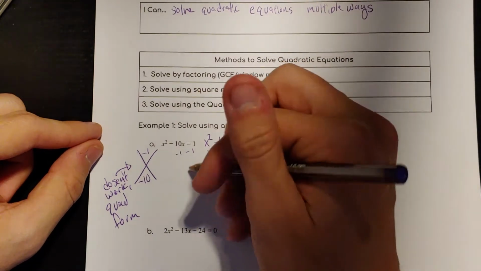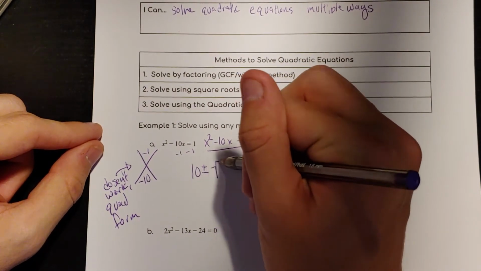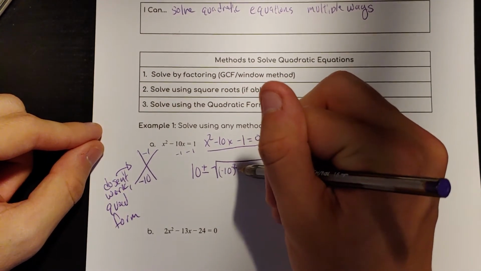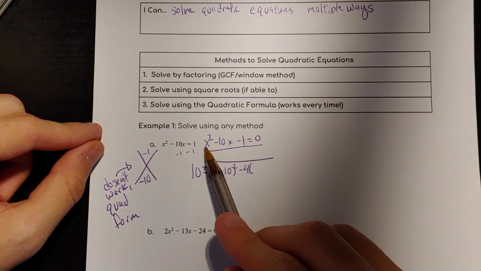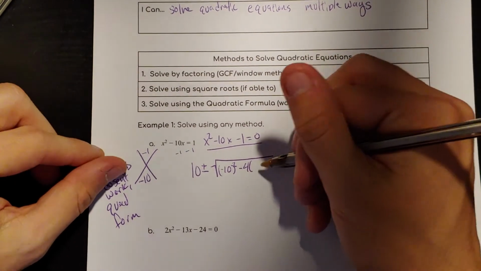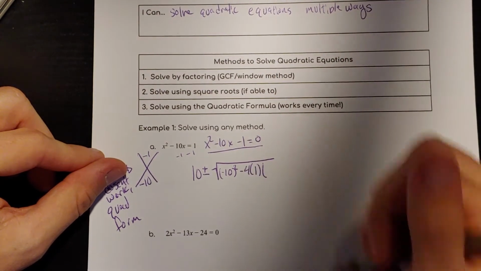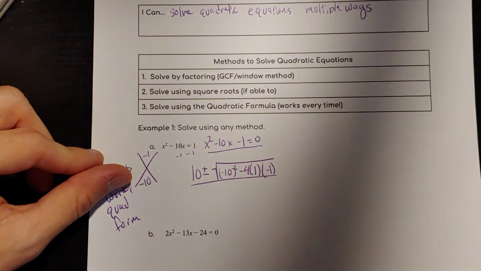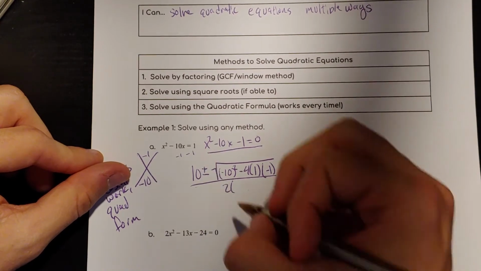The opposite of negative 10 is positive 10, plus or minus the square root of negative 10 squared minus 4 times a, because there's nothing in front of our square term, there's really a 1 there, so I'm going to put a 1 there. And then c, which is negative 1. And then it's all over 2 times a, which we said was 1.